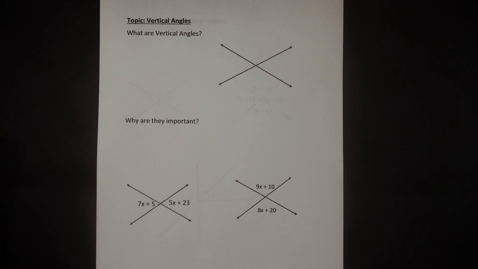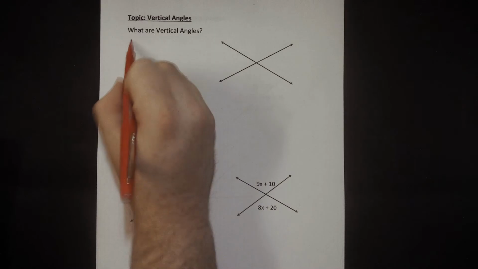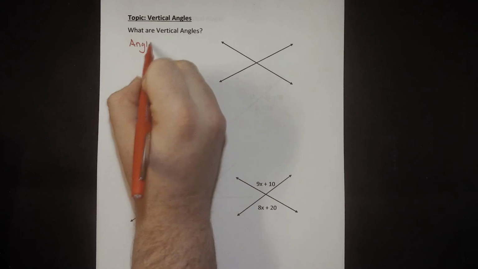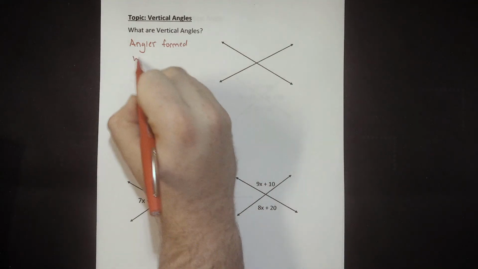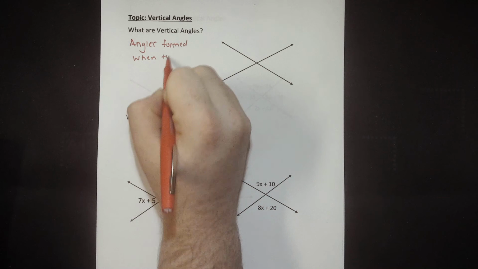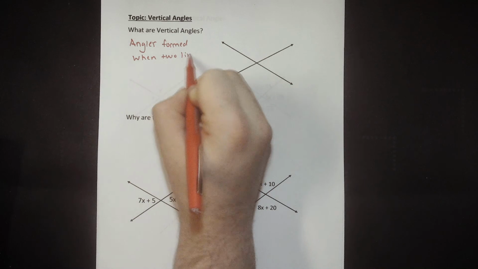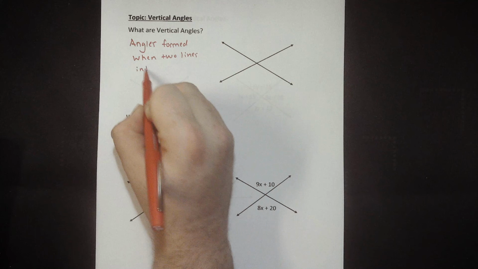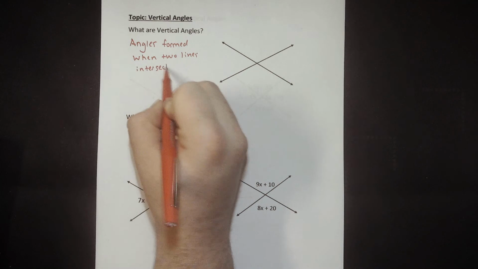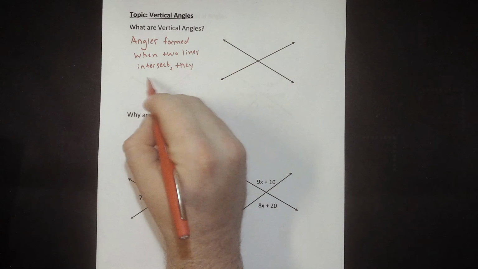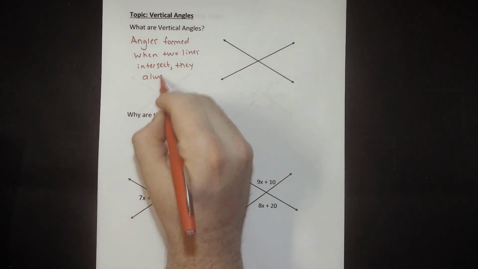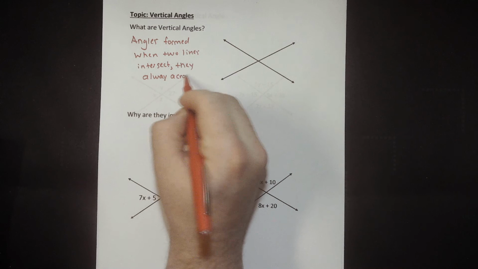So we got vertical angles. The vertical angles are special. They are angles formed when two lines intersect, and they are always across from one another.